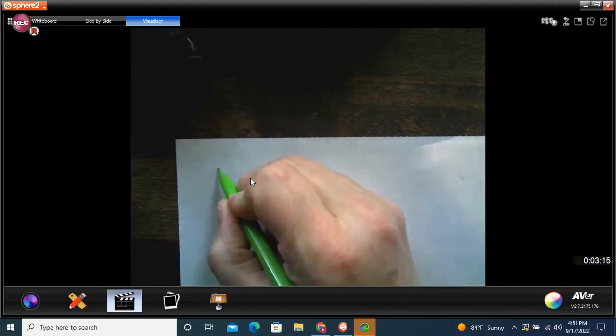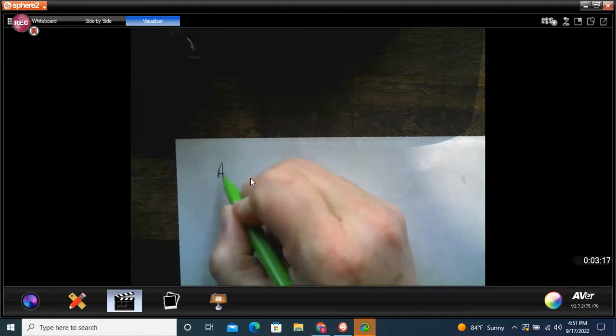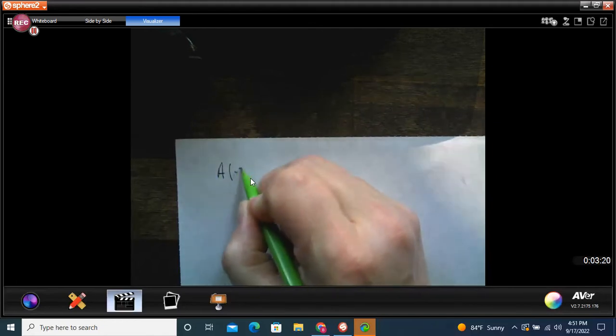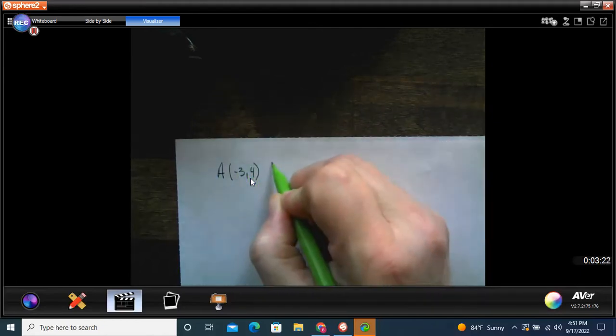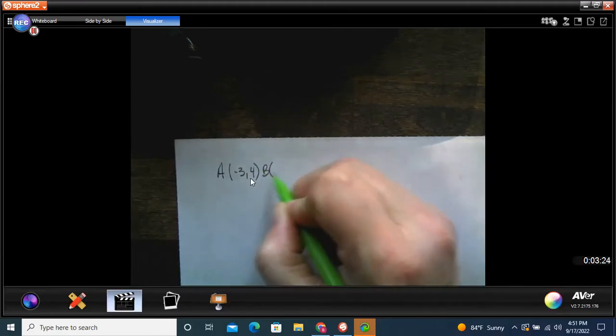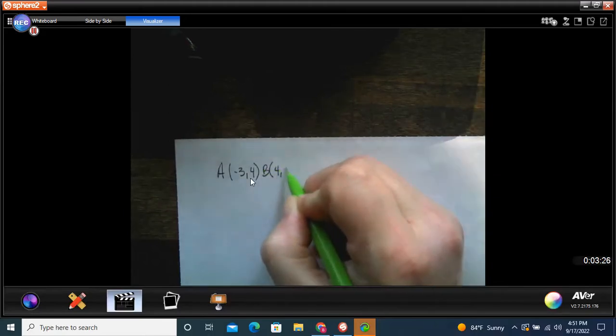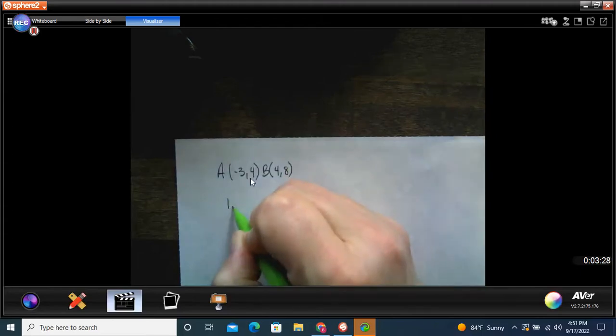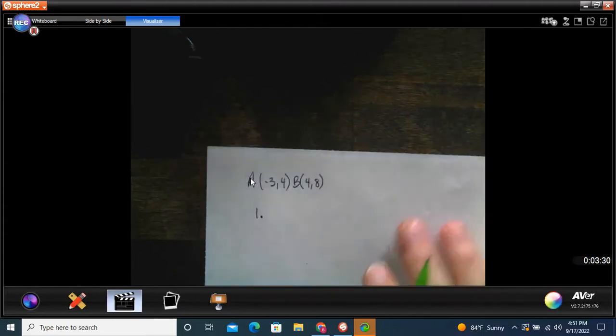For the first question, I give you the points A(-3, 4) and the point B(4, 8). And we are supposed to, 1, find the length of AB.